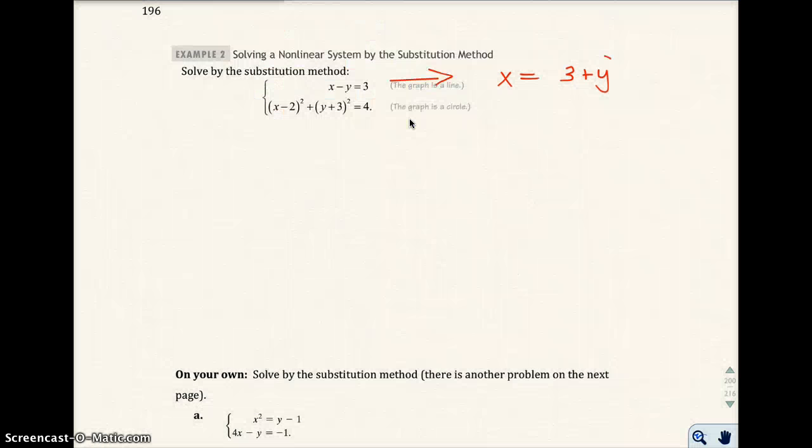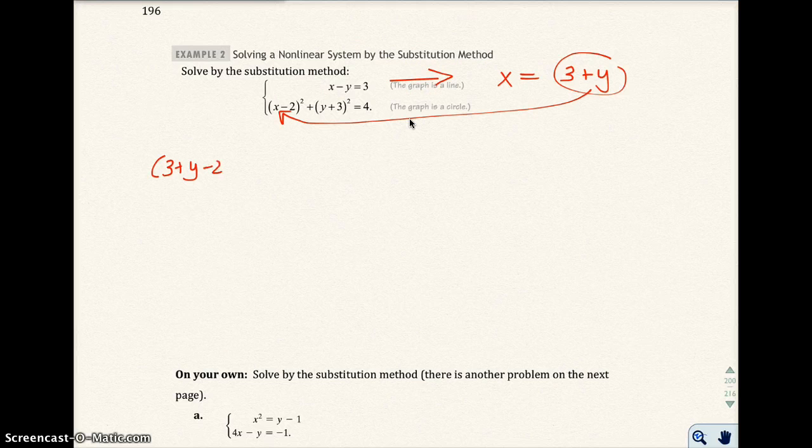Now I'm going to take this value and put it in for x into this equation. This gives me y plus 3 minus 2 squared plus y plus 3 squared equals 4. This gives me y plus 1 squared plus y plus 3 squared equals 4.